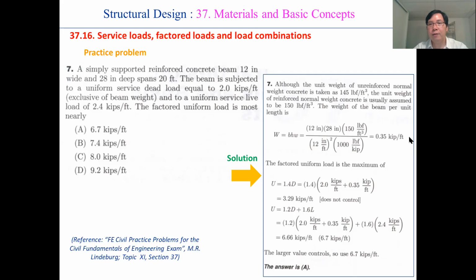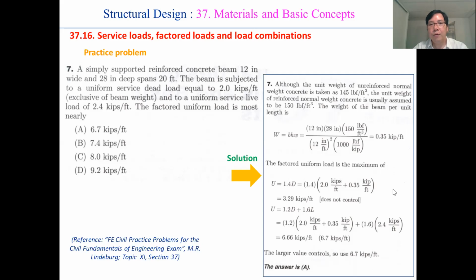You can find the result: w equals 0.35 kip per feet. And after, you can apply the equation for calculating the factored uniform load.